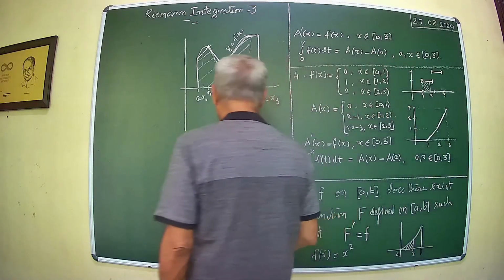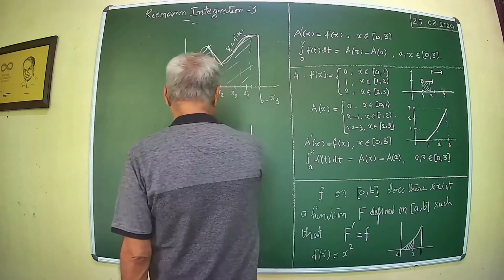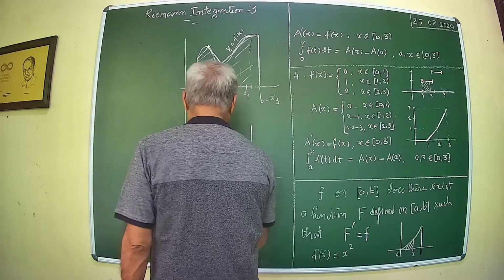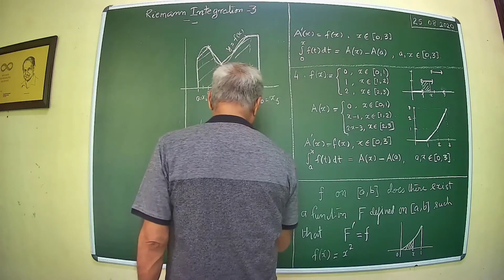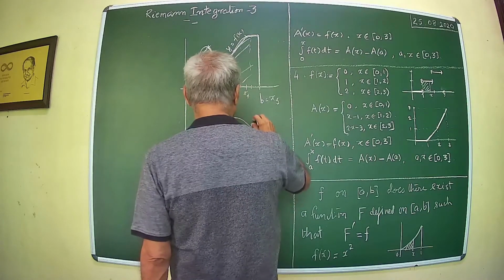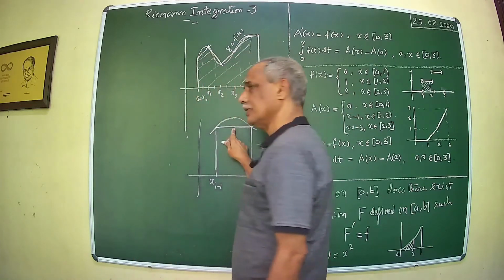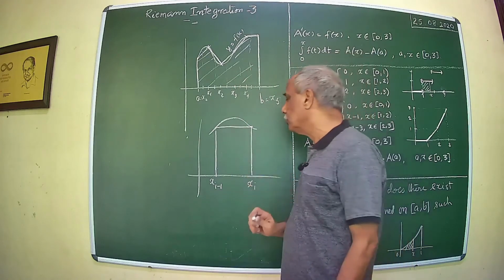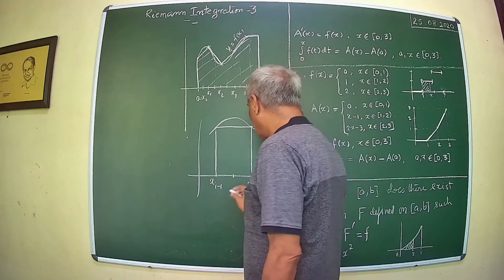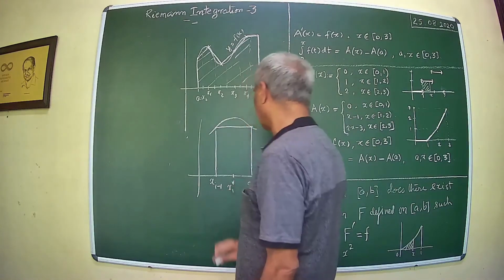Let me just elaborate. Let us take a very simple scenario that you have got an interval x(i-1) to x(i). I am just taking one of the intervals, possibly the i-th, and on that the curve is something like this. Now you see that I can approximate it straight away by this line. What I do is introduce an additional point here. Let me call that xi star.